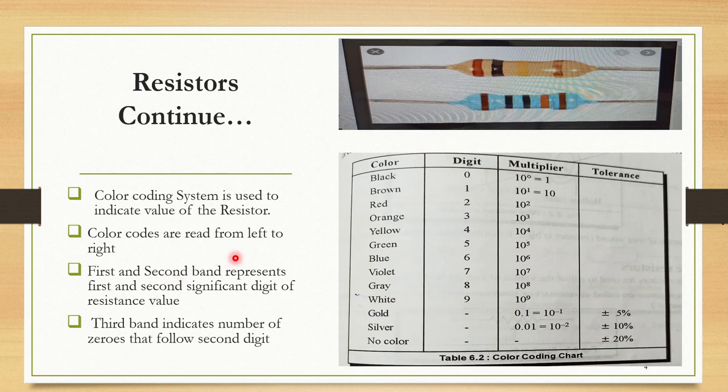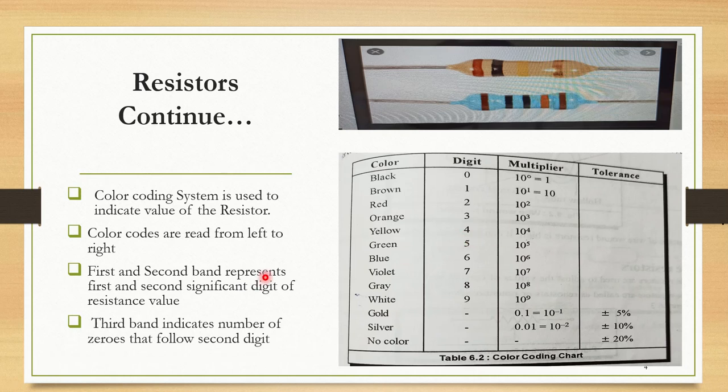Color codes are read from left to right. First and second band represent the first and second significant digit of resistance value. Suppose your first is red, second is yellow, so it will be 24.